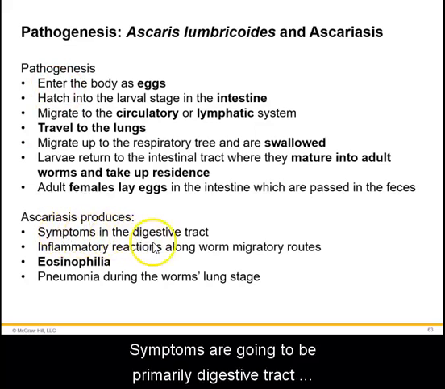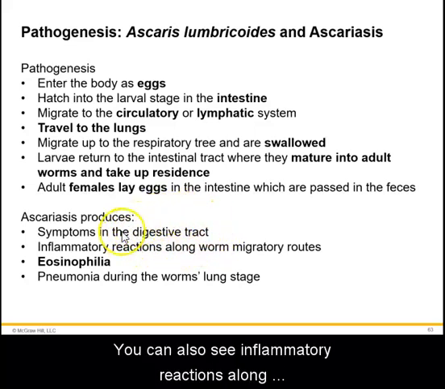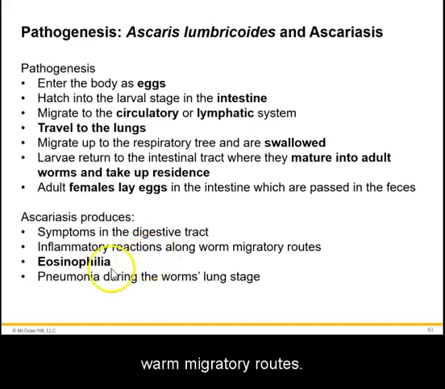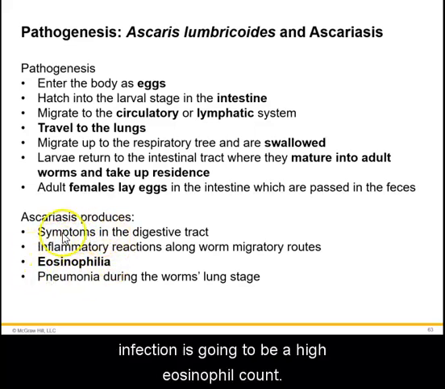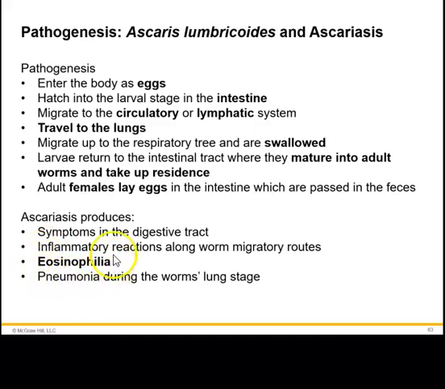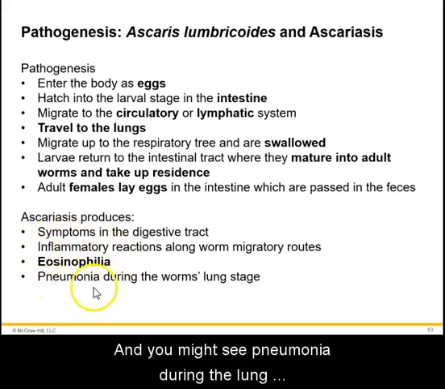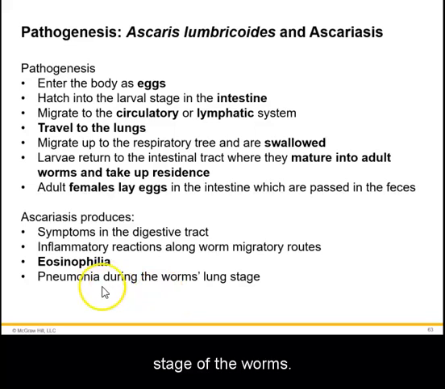Symptoms are going to be primarily digestive tract symptoms, okay? You can also see inflammatory reactions along worm migratory routes. A big giveaway that the patient might have a worm infection is going to be a high eosinophil count, and you might see pneumonia during the lung stage of the worms.